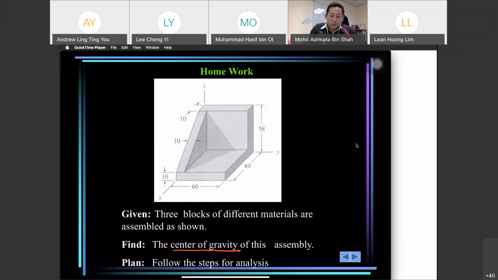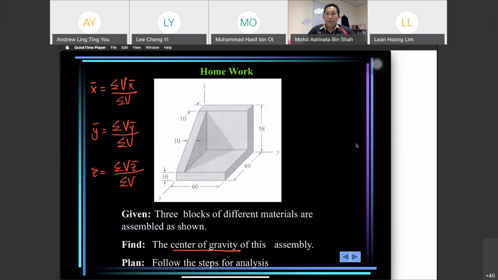So we need to find X bar equals the summation of Vx bar divided by V, Y bar equals the summation of Vy bar divided by V, and Z bar equals the summation of Vz bar divided by V. We can divide it into 3 components, which is A, B, C. Okay, so please do it now.